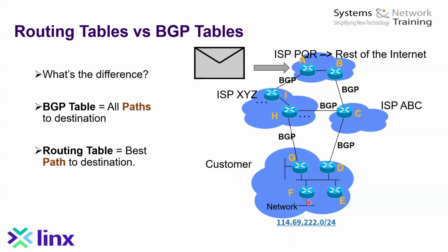He'll announce it internally to these routers, and then these routers using peering will announce it to the upstream providers, and then those routers will announce the routes to the upstream providers here. So eventually, all of these routers, A to G, will know about the route that was originated from router F here.